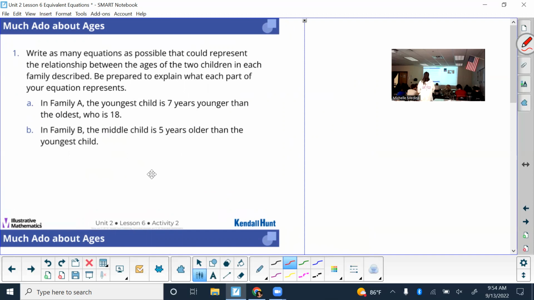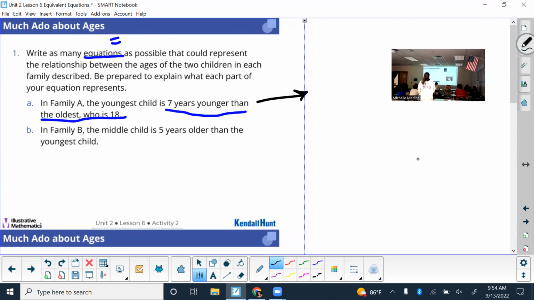I kind of want to leave that. Okay, fine. So I have in family A, the youngest child is 7 years younger than the oldest, who is 18. And it wants us to write equations. Equations have equal signs. So make sure that your answers all have equal signs in them, otherwise they're not equations.